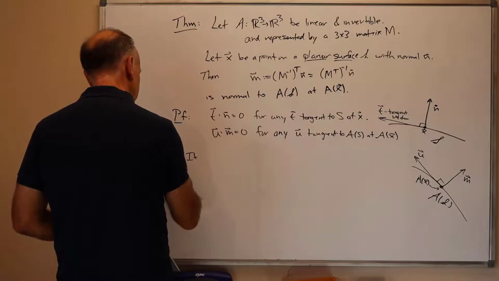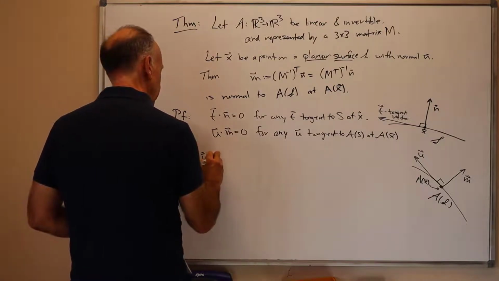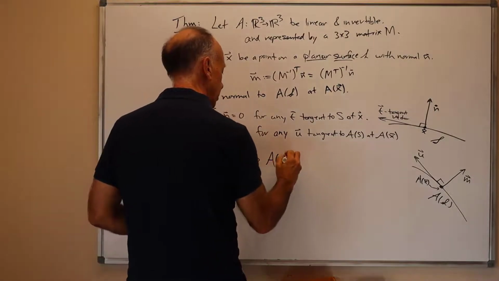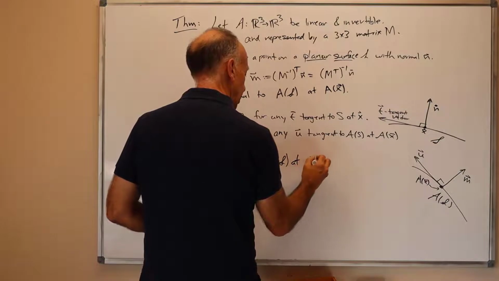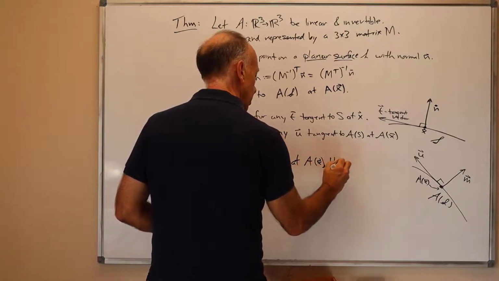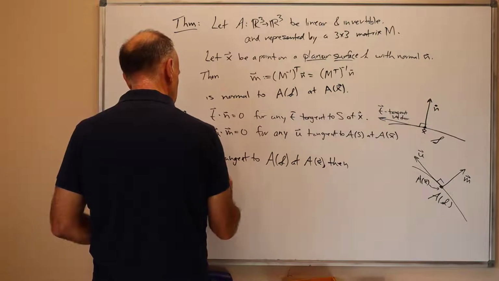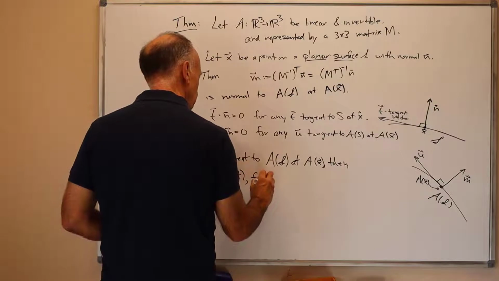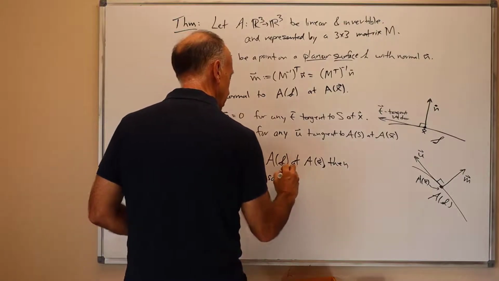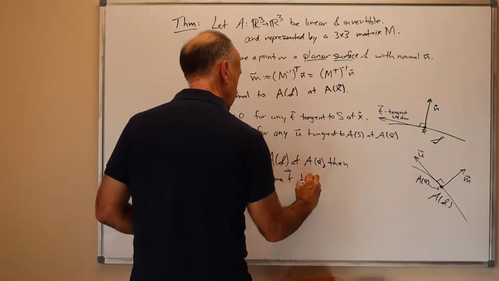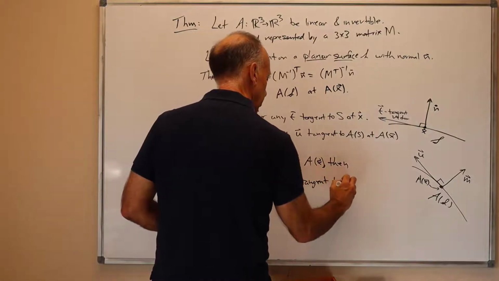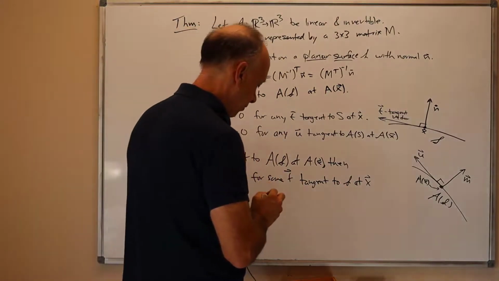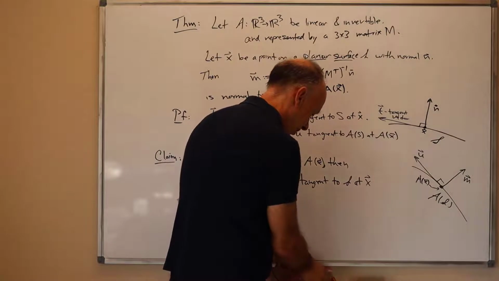well, let me call this a claim here. If U is tangent to A of S at A of X, then U equals A of T for some T tangent to S at X. And the proof of this, I'll be maybe a little hand wavy on this, but it's pretty much accurate.